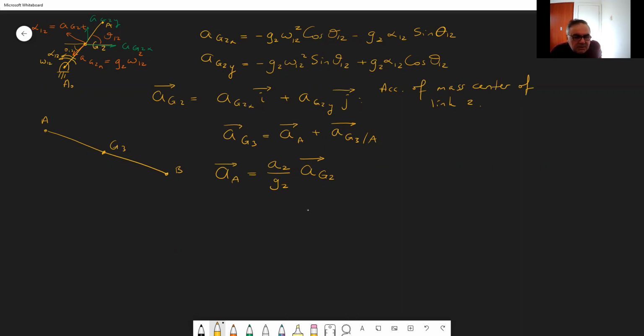But on the other hand, AG3 is when you have G3 acceleration. This has, let's say, 3, in which case you have AG3 relative to A tangential.